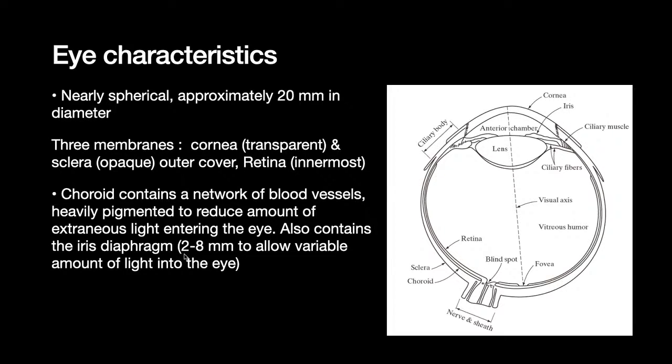Sorry, this is about the diaphragm. So the iris decides the diaphragm. This is the diaphragm size from here to here. It can vary from 2 to 8 millimeter depending on low light or strong light situation. The lens focal length can again vary. This way width can also vary.